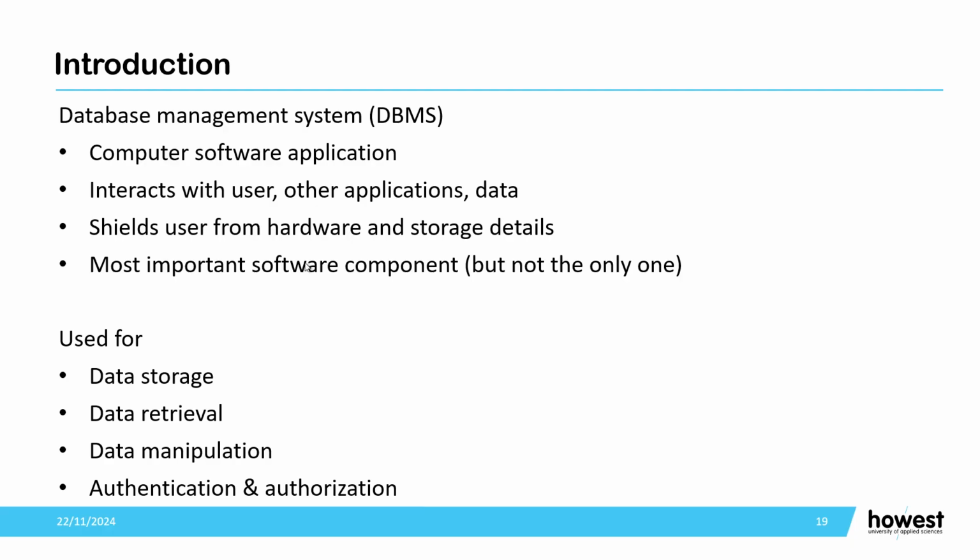We don't need to know on which server and at what exact address in memory it is stored. We just want to have the data. And as mentioned, it's the most important software component, but not the only one. And it does basically all the stuff we said before. So the CRUD commands and saying who are you and what are you allowed to do.